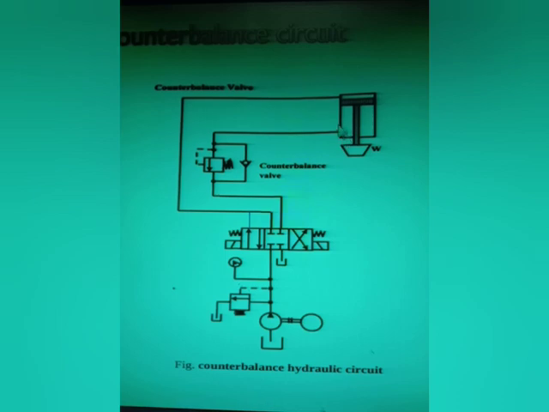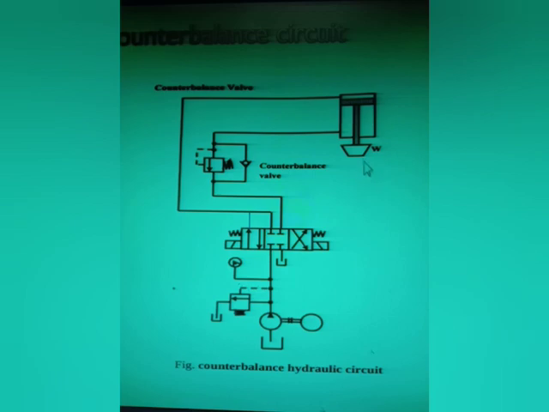Now when I change the direction of the oil and send the oil from this line, what will happen? As the load is attached here, and due to gravity, this load will suddenly come in the downward direction. The gravity will also act, and from the top side the hydraulic oil is also coming.